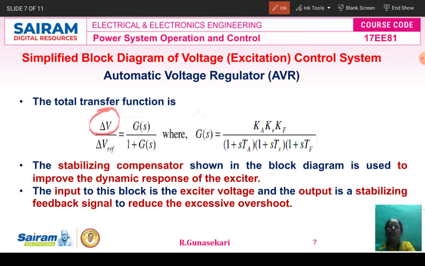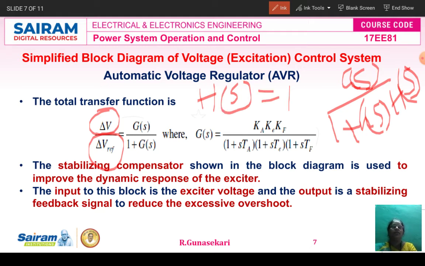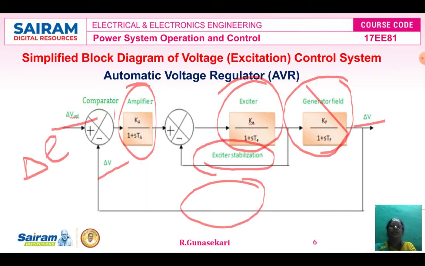Output is del V, input is del V reference, that is G of S divided by 1 plus G of S into H of S. But here H of S is equal to 1, the feedback is 1 only. Therefore del V divided by del V reference equals G of S divided by 1 plus G of S. Now see the diagram: the amplifier block, exciter block and generator field block are all connected in series.